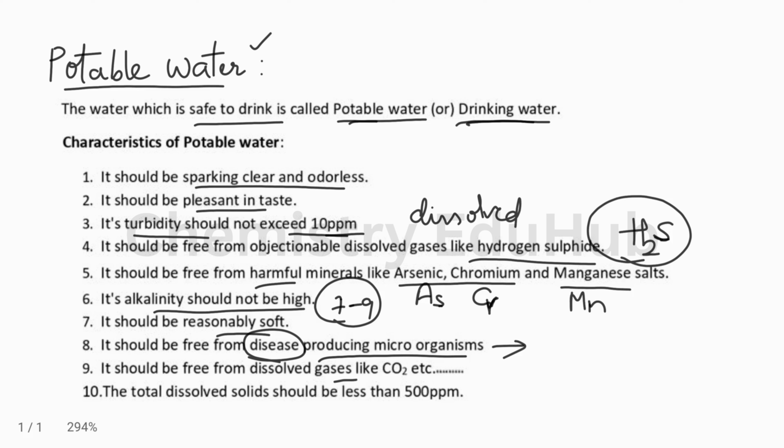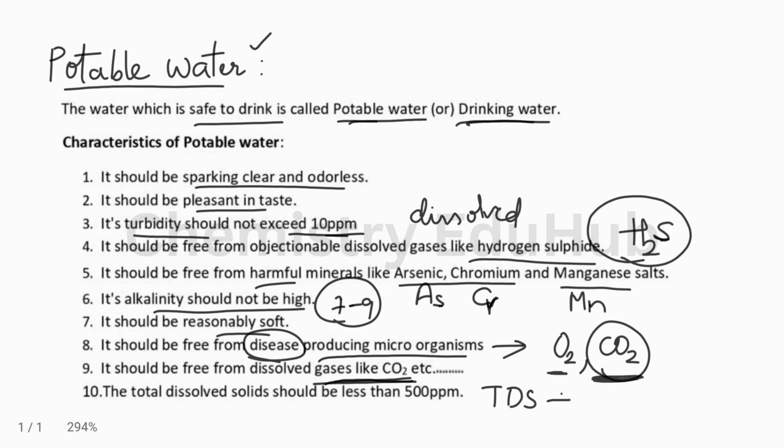It should be free from dissolved gases like carbon dioxide. Generally, water dissolves oxygen and carbon dioxide, but compared to oxygen, carbon dioxide gets dissolved in larger quantity in the water. So, carbon dioxide dissolved water is not safe for drinking. And the total dissolved salts, we generally say it as TDS of water.